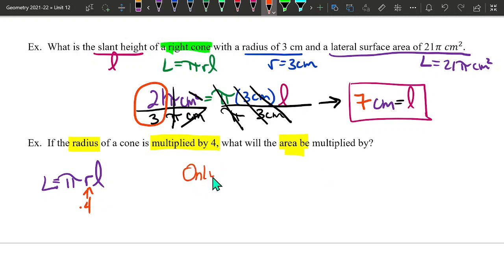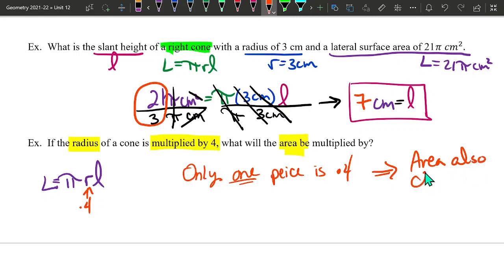So only one dimension, or one piece, is multiplied by 4. So the area also changes by times 4, not by 16.